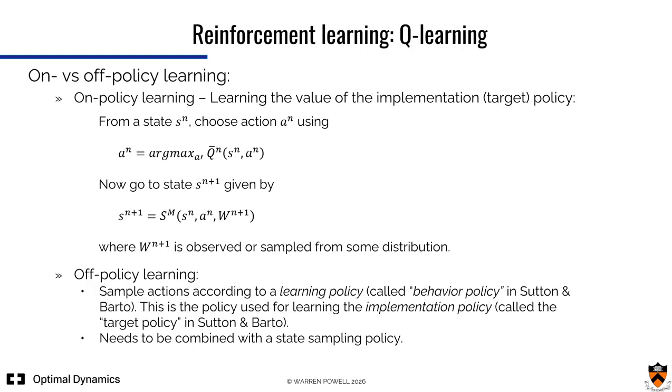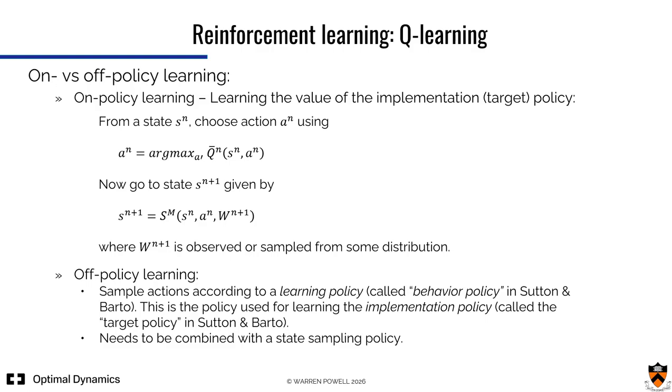Now, there's something called on-policy versus off-policy learning. On-policy learning is where you're learning the value of the implementation policy. Whereas off-policy learning, let's imagine that you're watching the mouse and as the mouse runs, you just take whatever the mouse does. You never try to tell it to do something better.